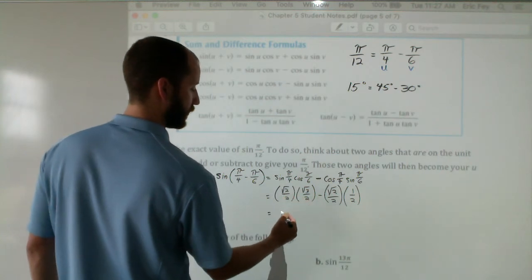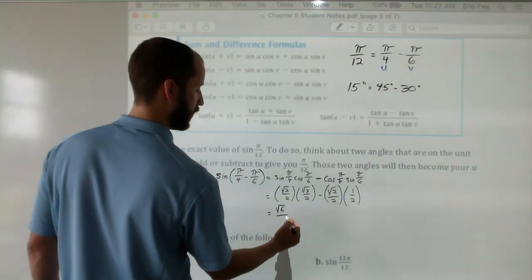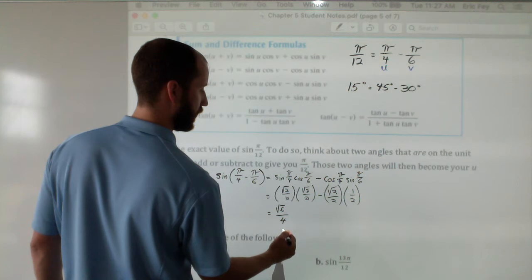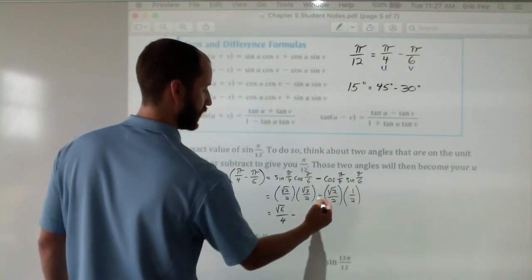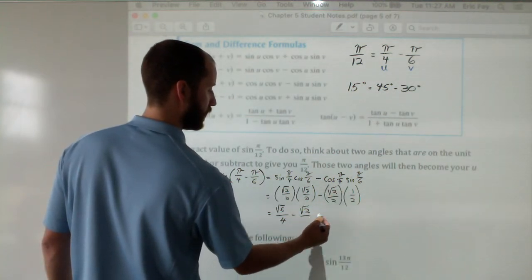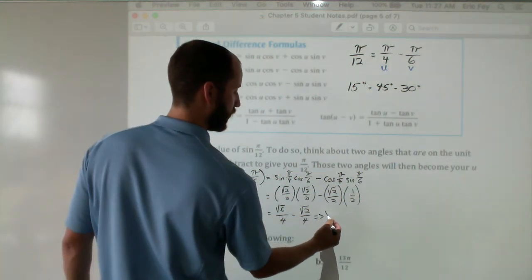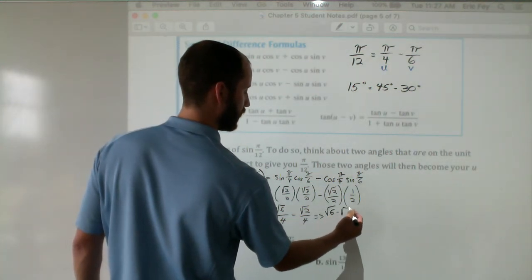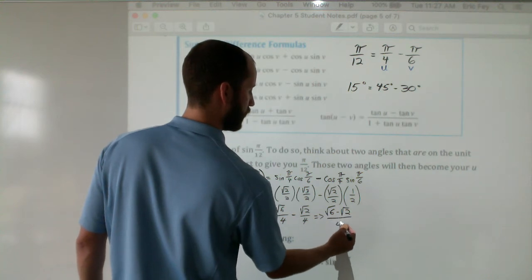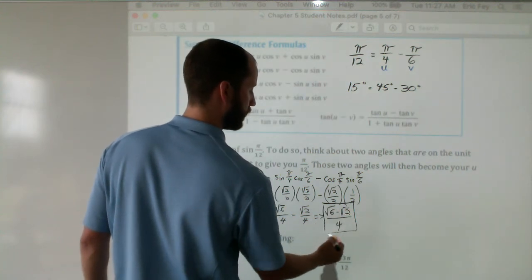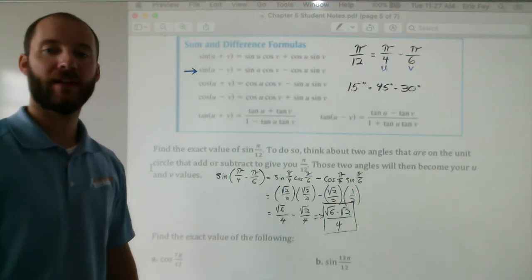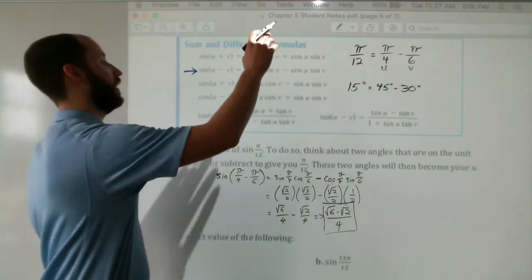So root 2 times root 3, root 6, over 2 times 2 is 4. Root 2 times 1 is root 2. 2 times 2 is 4. So to just put that together, root 6 minus root 2 over 4. And I have my exact value.